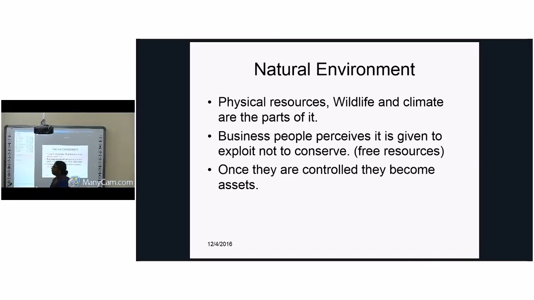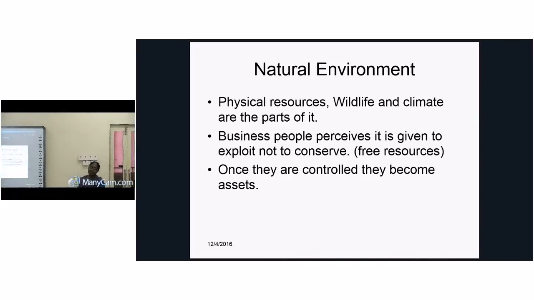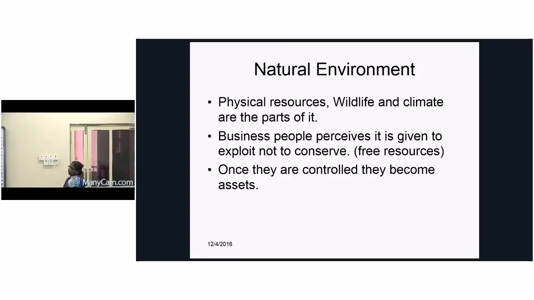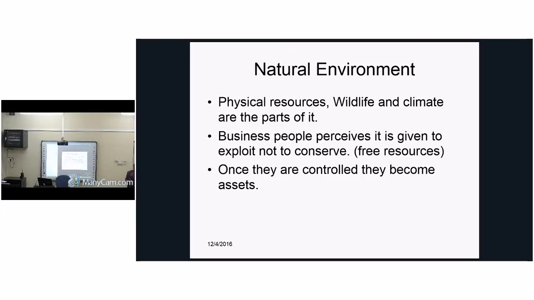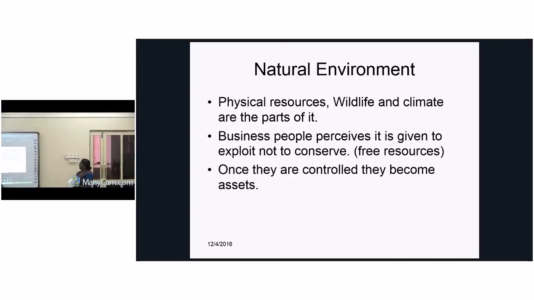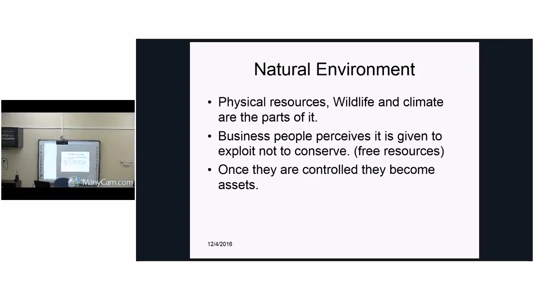In the natural environment, you have physical resources; wildlife and climate are also part of the natural environment. These factors can have an impact on organizational activities. The business people perceive it as given to exploit.